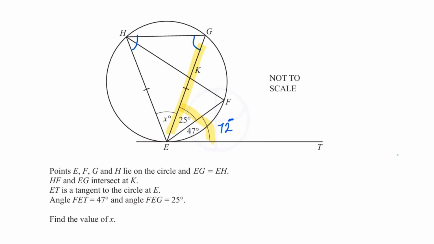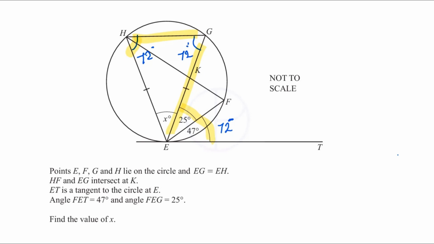Okay, this is equal to the angle it makes in the alternate segment. So the alternate segment is here. So angle at H is 72, which is the same as angle at G. So this is also 72.